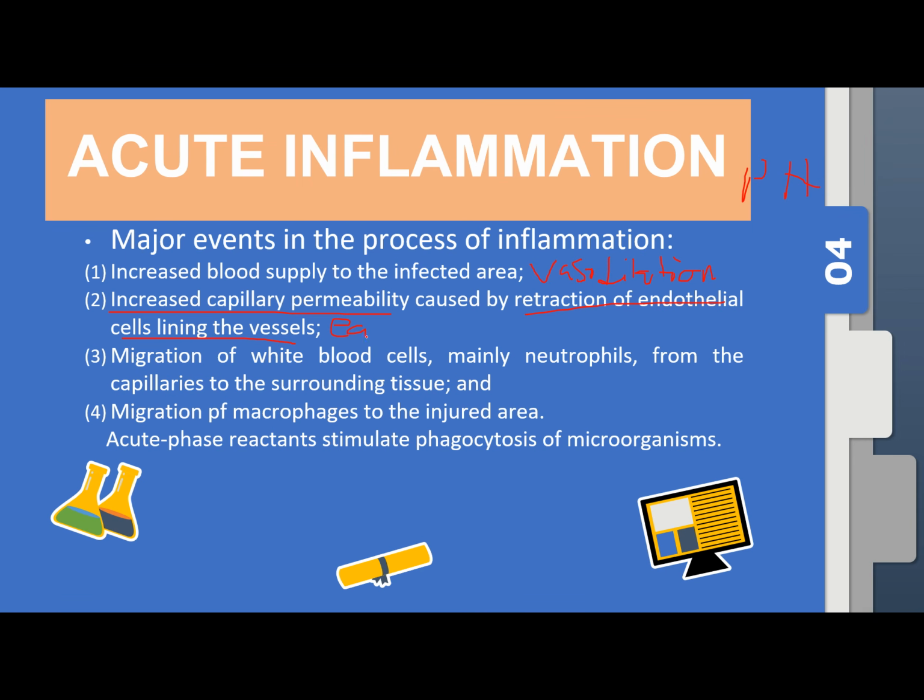They would become easily passed through. Then migration of white blood cell, mainly neutrophils, from the capillary to the surrounding tissue, and migration of macrophages to the injured area. Acute phase reactants would stimulate phagocytosis of microorganisms.